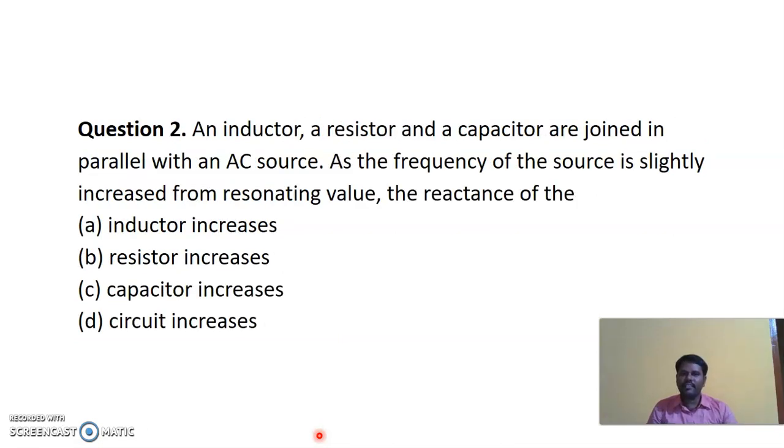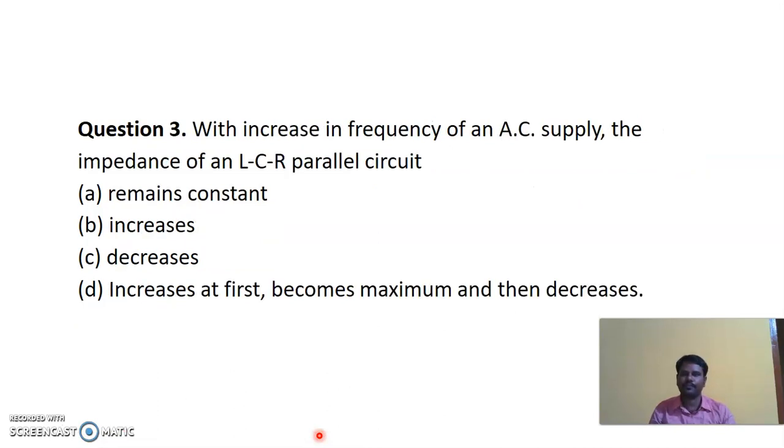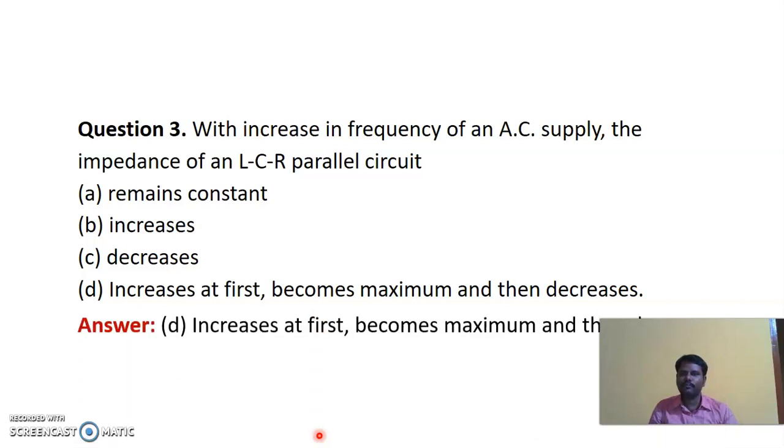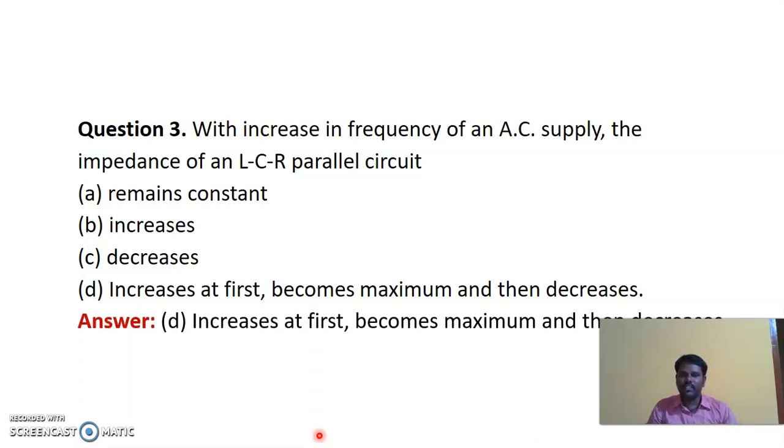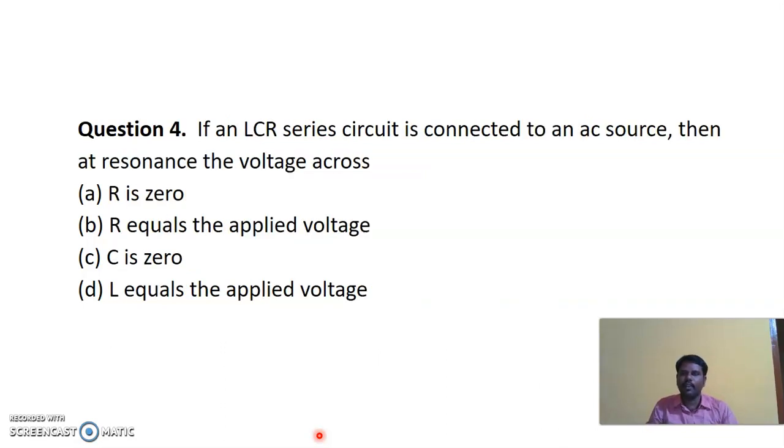An inductor, resistor and a capacitor are joined in parallel with an AC source. As the frequency of the source is slightly increased from the resonating value, the reactance of the inductor increases. With the increase in the frequency of an AC supply, the impedance of the LCR parallel circuit increases at first, becomes maximum and then decreases.